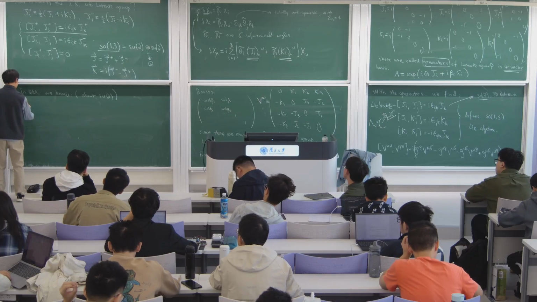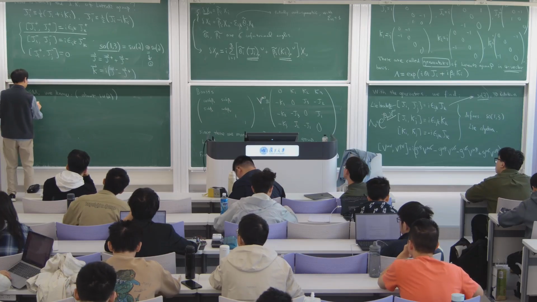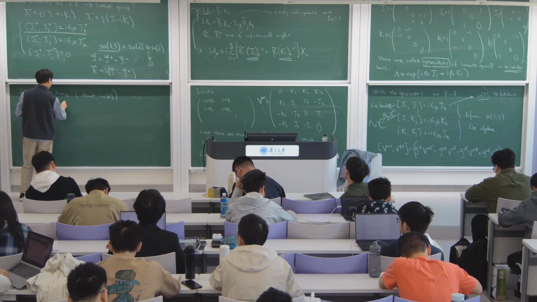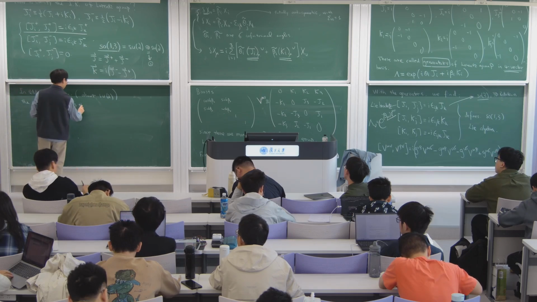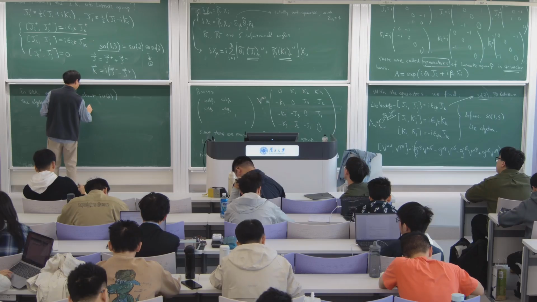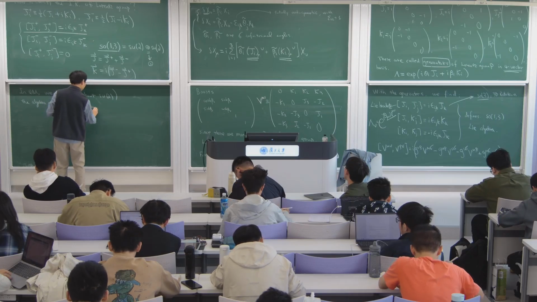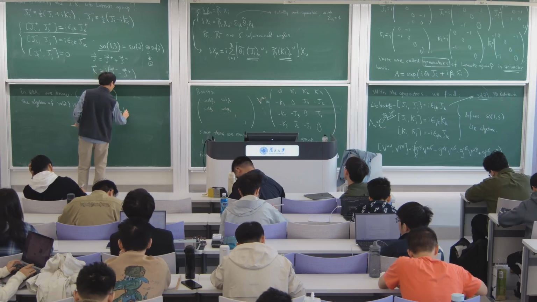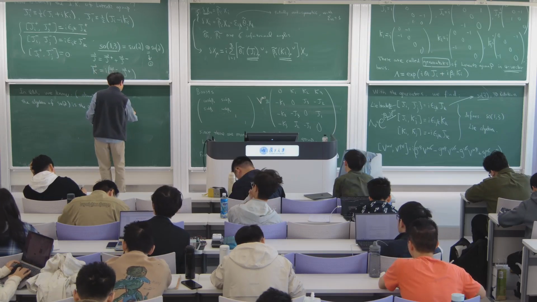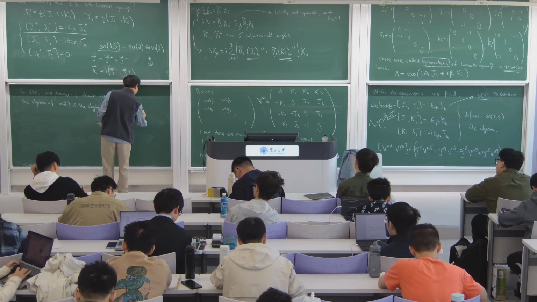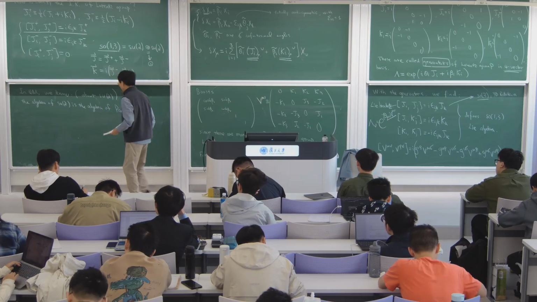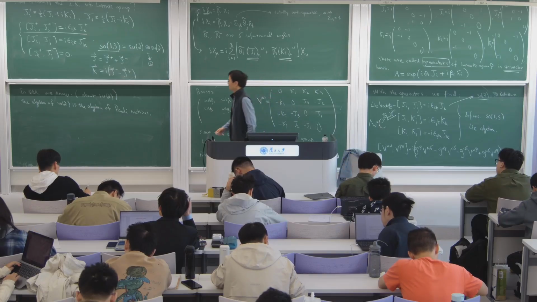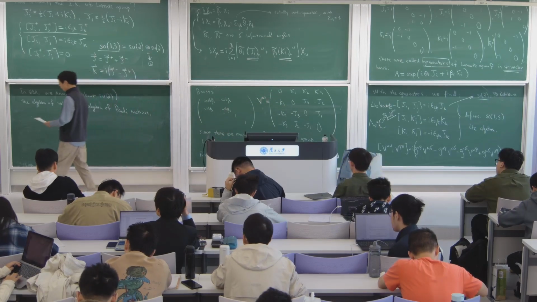In quantum mechanics, we know the algebra. The algebra of SU2 is nothing but the algebra of what? The Pauli matrices, right? Do you still remember the Pauli matrices? I write it for you.